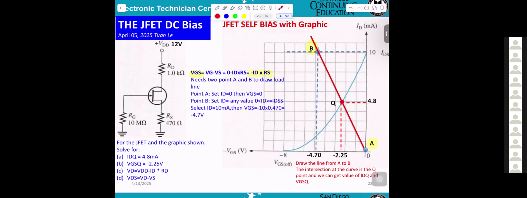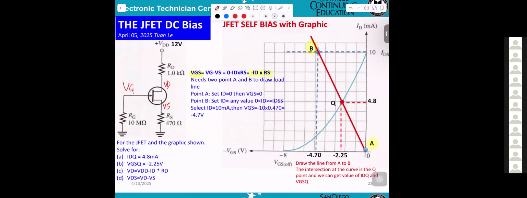If they don't want to use the curve, they have to give you some value. I'll give you an example. They can say, okay, I give VD, VG, VS. Okay.